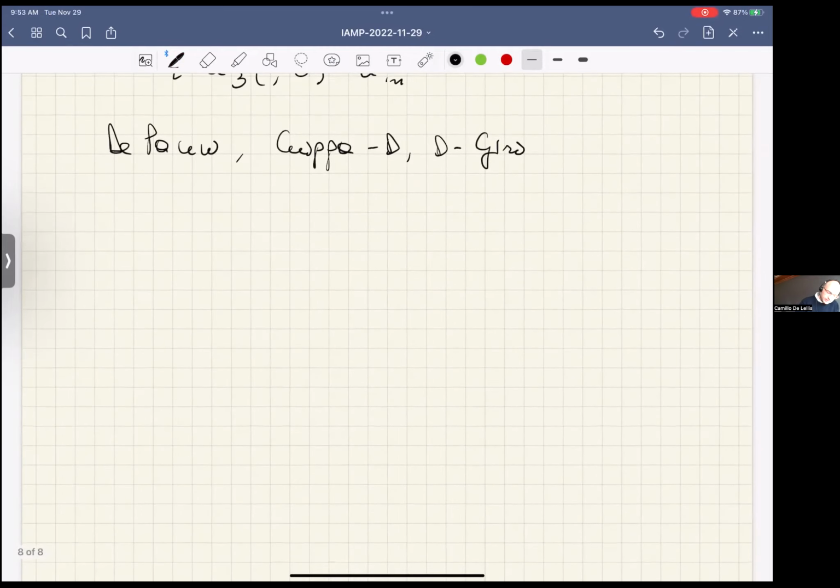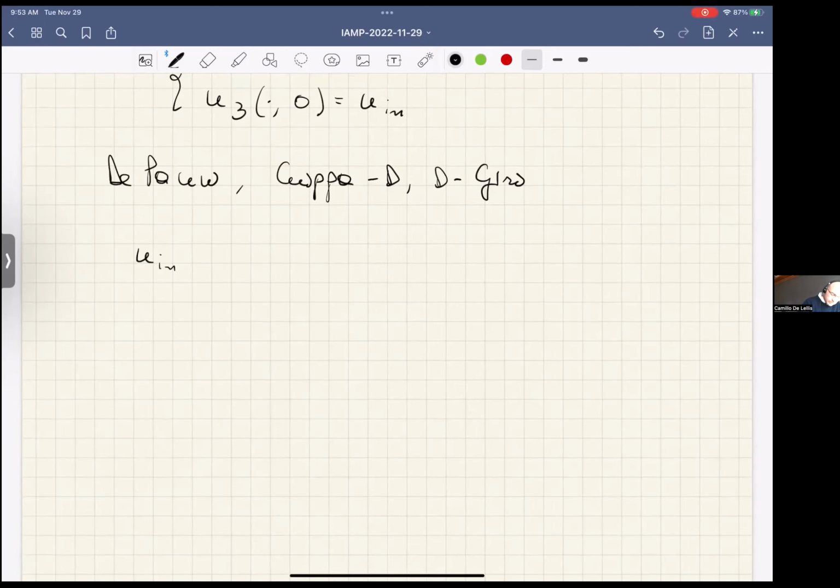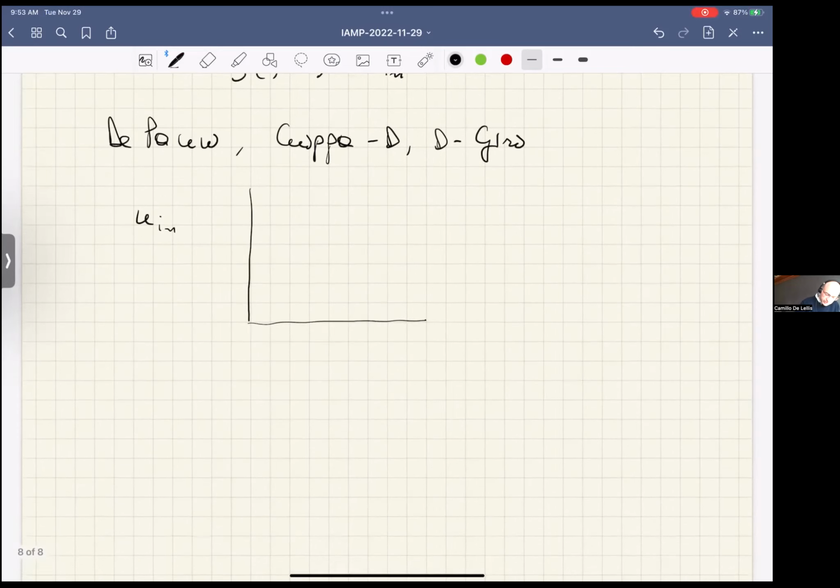So let me take an initial data which is some checkerboard. So I am in a 2D situation now, and so the initial data is going to be something like this.